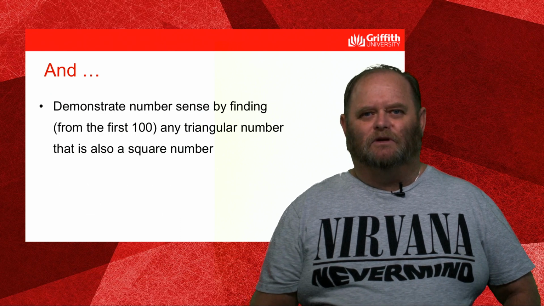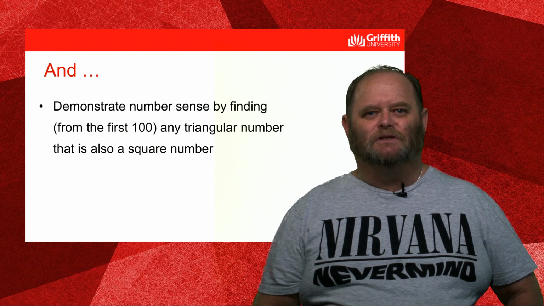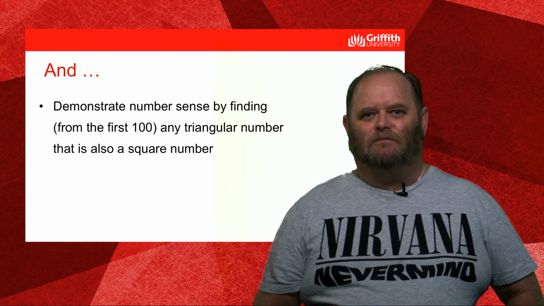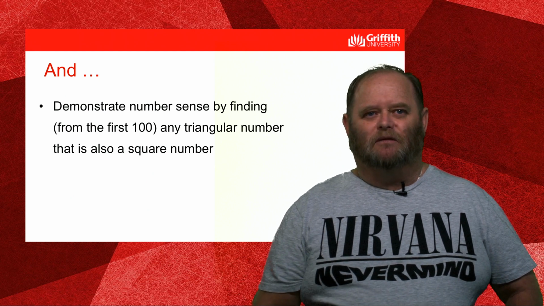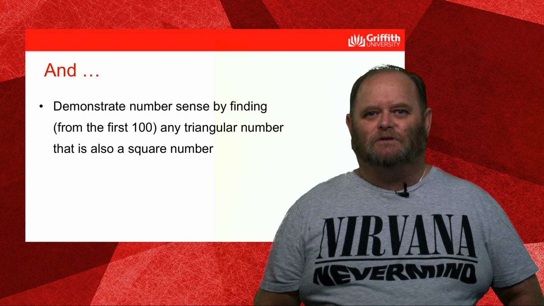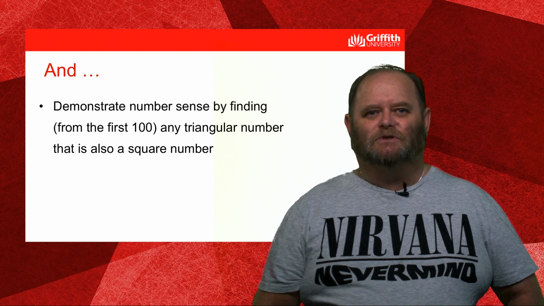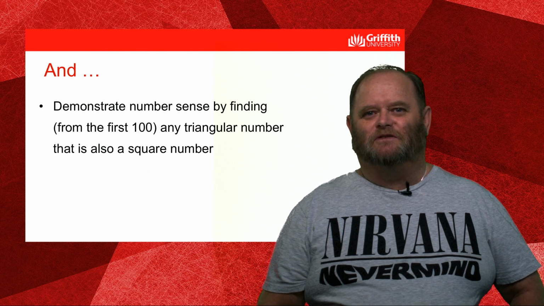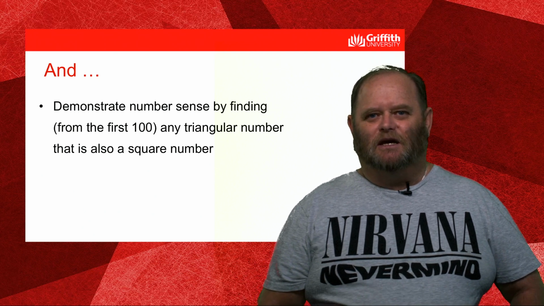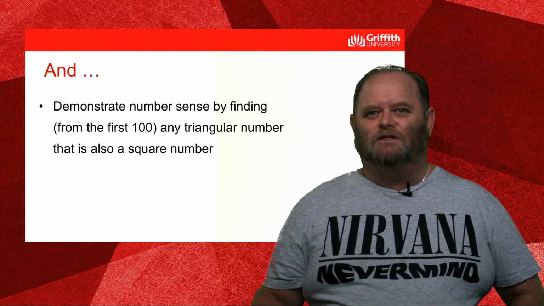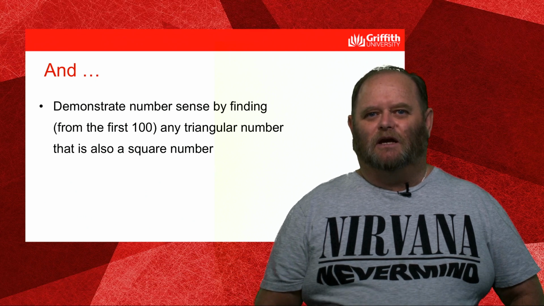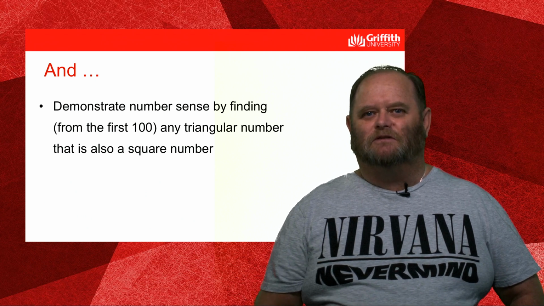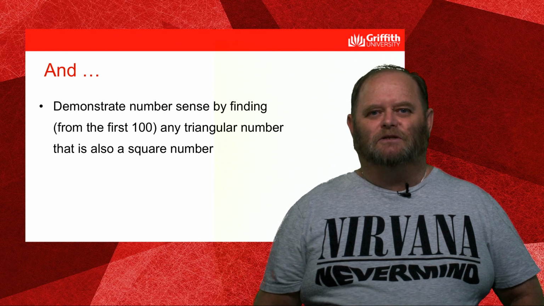Similarly, one little problem I like to do, and it's demonstrating number sense, would be if we're doing structures and patterns, to get them to find in the first 100 triangular numbers which ones of those are square numbers. And there are some really interesting discussions that would happen in a classroom, and I think some really robust discussions with students on how you would actually do that.